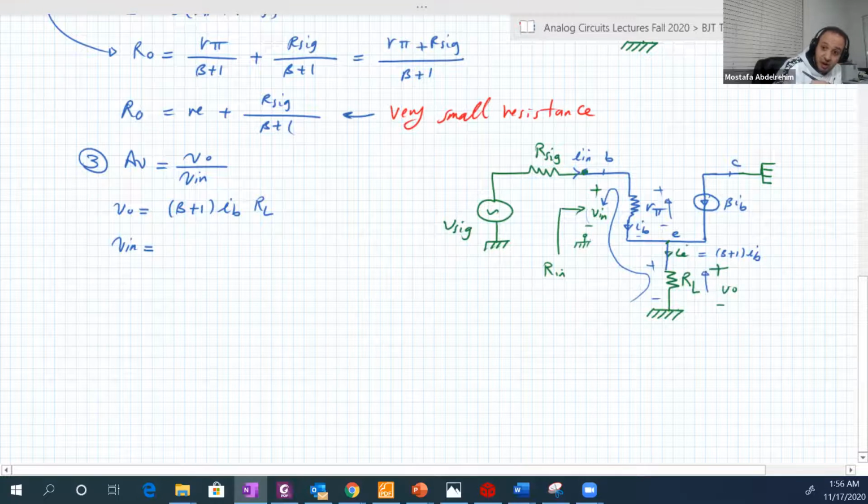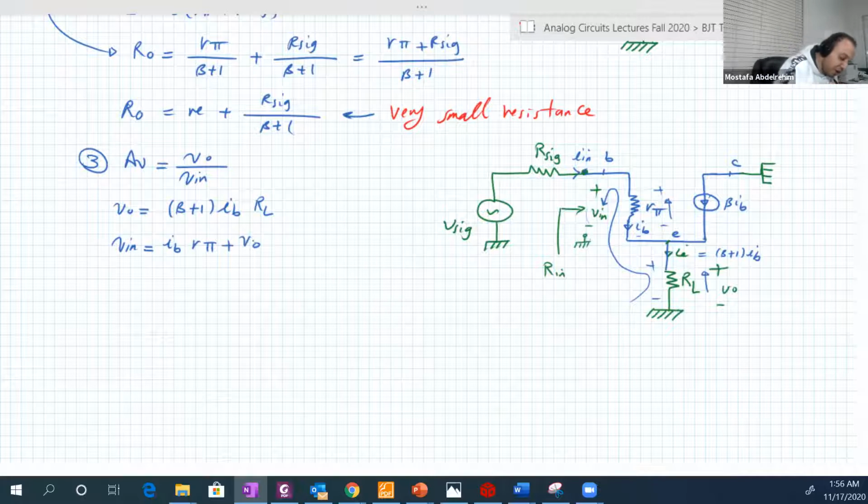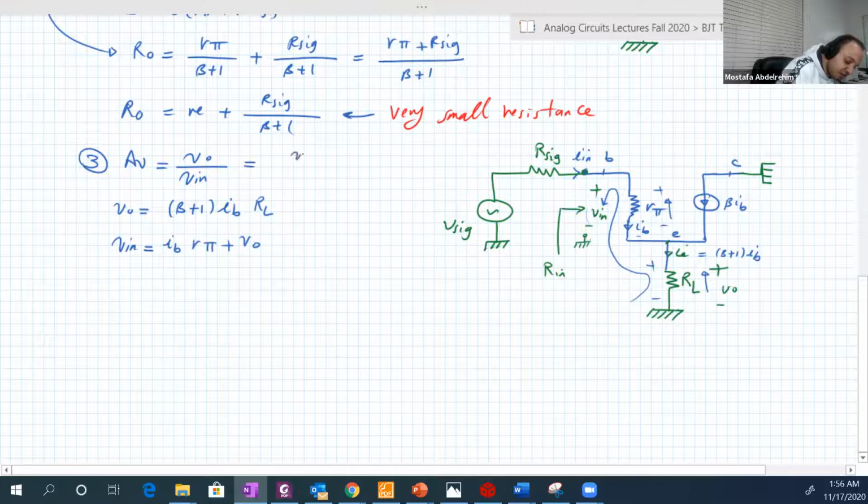So I will write it that way now. It's IB R pi plus VO actually. The voltage across RL is VO. So before we continue, it's VO, and V input is IB R pi plus VO.